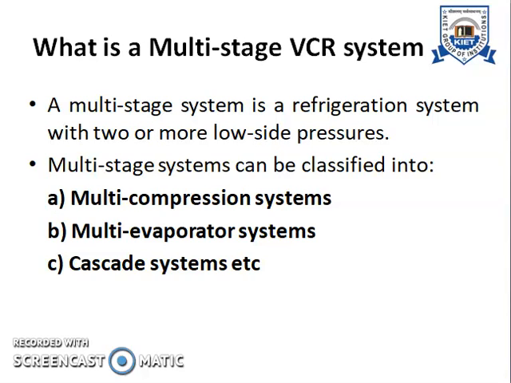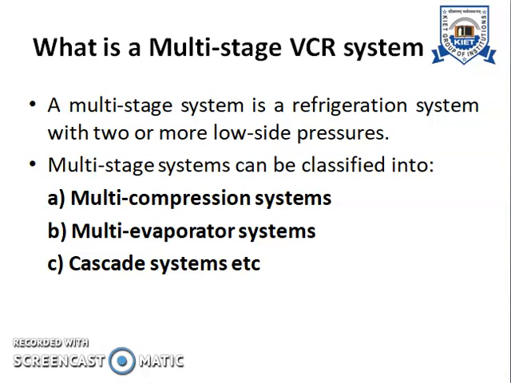In a single stage VCR system, we have a high pressure side and a low pressure side. The high pressure side is usually the condenser, and the low pressure side is the one which operates at low pressure, for example the evaporator. So if we have more than two low pressure sides, then the system is called a multi-stage compression system.